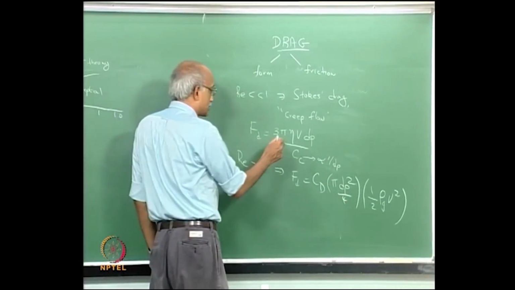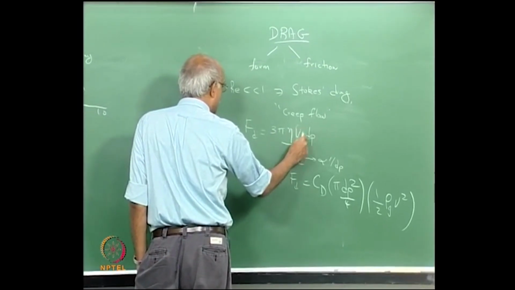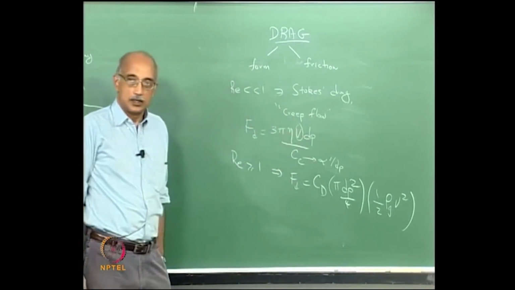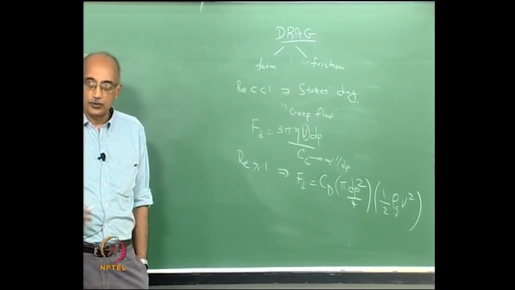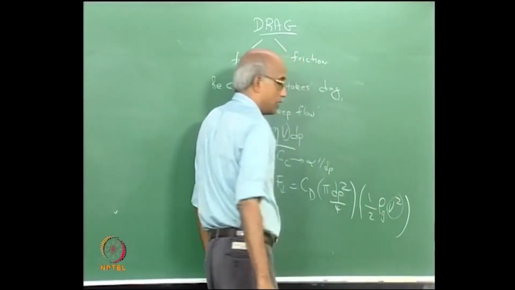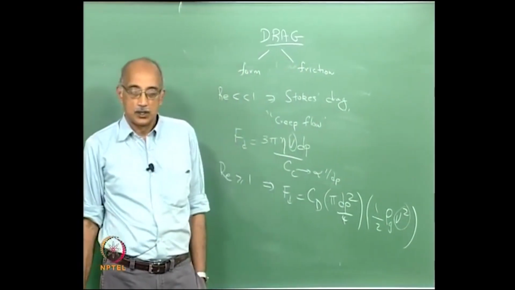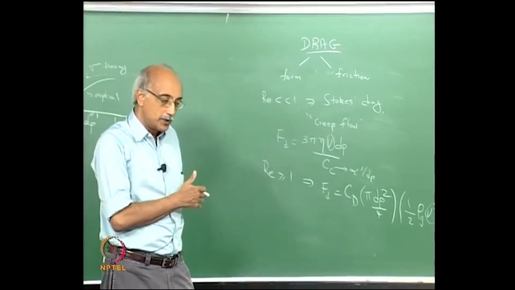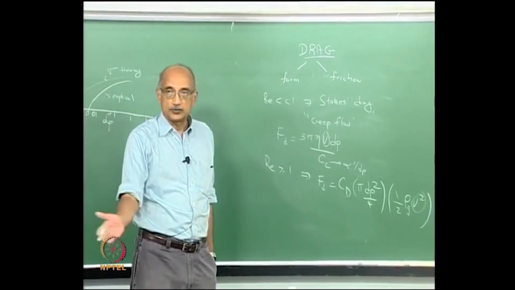Some of the other interesting dependencies are, for example, the linear dependence on velocity in the Stokes flow regime or creep flow regime, as opposed to a v squared dependence at higher velocities. This has practical implications when you are trying to remove particles from a surface.